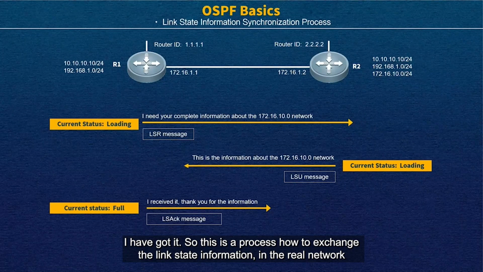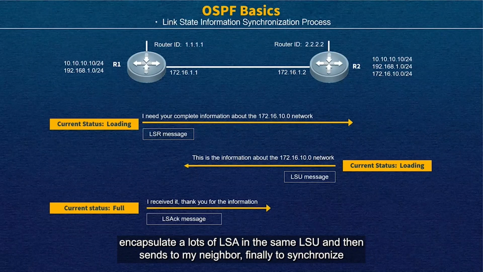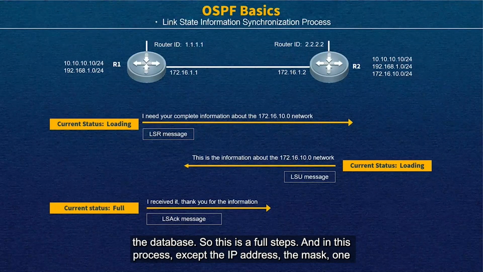So this is the process of how to exchange the link state information. In a real network, maybe there is not only one LSA that router A doesn't have. Maybe we have lots of information, and we can encapsulate lots of LSAs in the same LSU and send it to my neighbor, finally to synchronize the database.